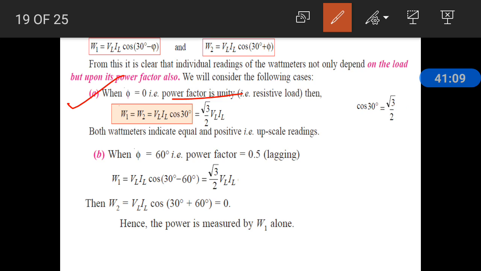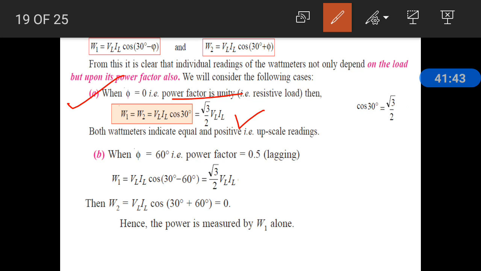So W1 and W2 read the same value at this condition. Suppose we know the VL and IL values, the value should be root 3 by 2 VL IL, because cos 30 is root 3 by 2. So both give the same positive readings at unity power factor.